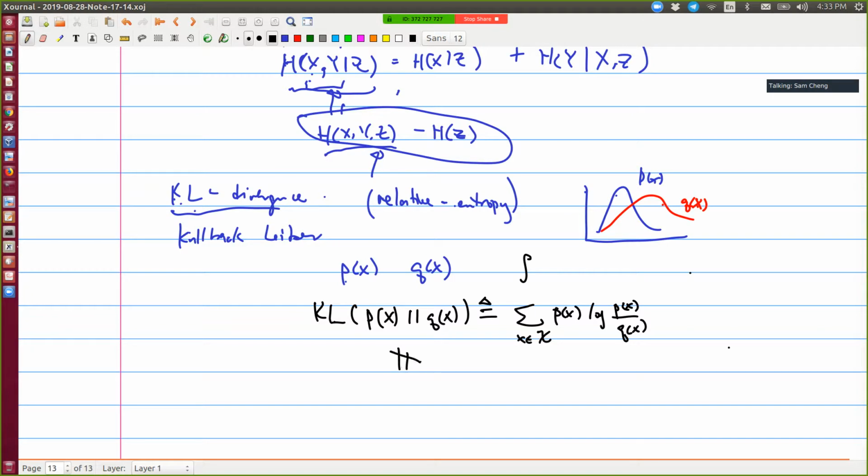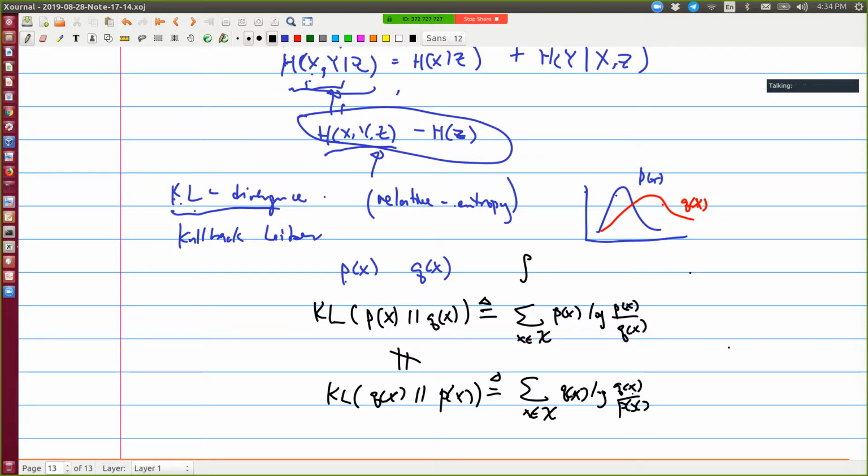This does not equal KL(Q, P), because that is equal to the sum over x of Q(x) log Q(x) over P(x). So strictly speaking, it's not exactly a measure of distance, and therefore people call it a divergence.